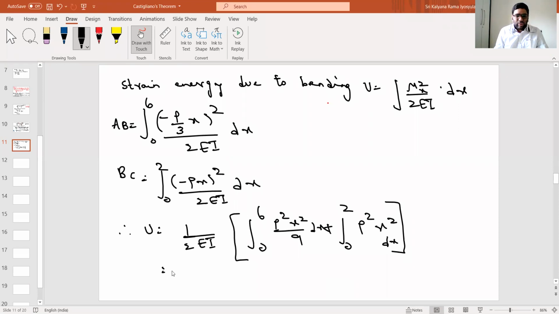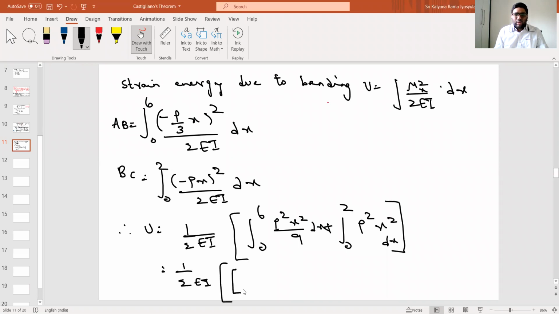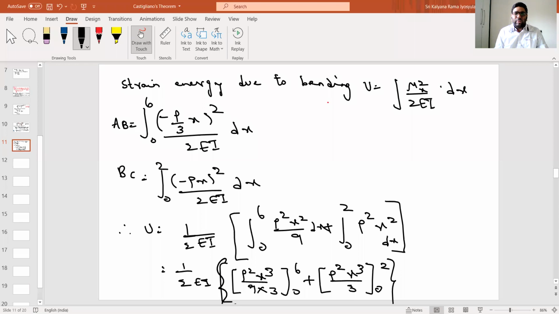Now we will try to integrate it and obtain the value. So this is equal to 1 by 2EI into P square x cube by 27, 9 into 3, 0 to 6, because x square integrates to x cube by 3, plus P square x cube by 3, 0 to 2. Now, substitute the values.